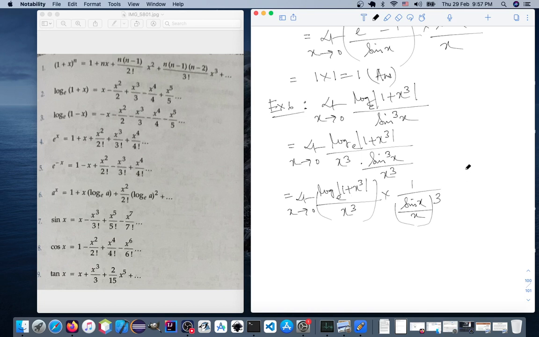Essentially, my question is whether the limit as x tends to 0 of log of mod 1 plus x by x equals 1.